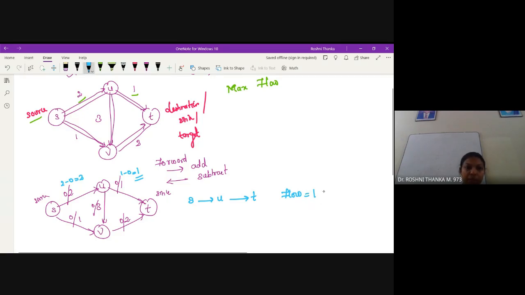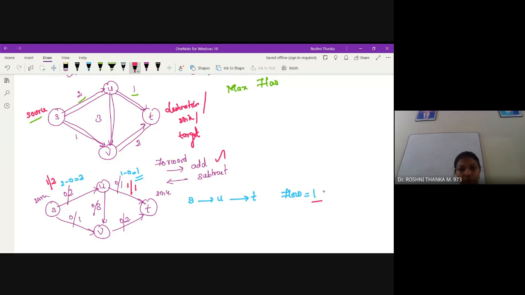So I am going to take the flow as 1 for this path. Since I have taken the flow as 1, I am going to update this. We already saw that if it is a forward path, we have to add this 1 to this. If I add 1 to this, it will be updated as 1 slash 2. Here again I have to add, so it becomes 1 slash 1.